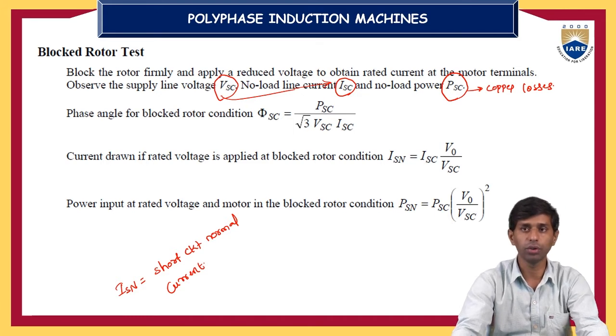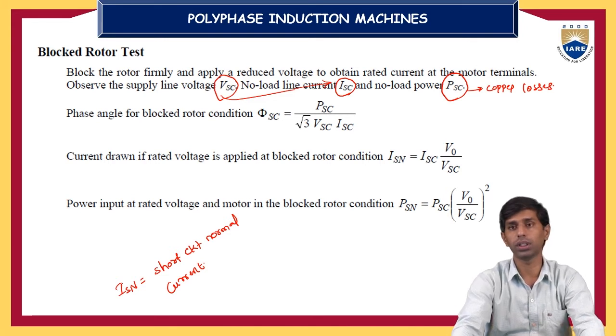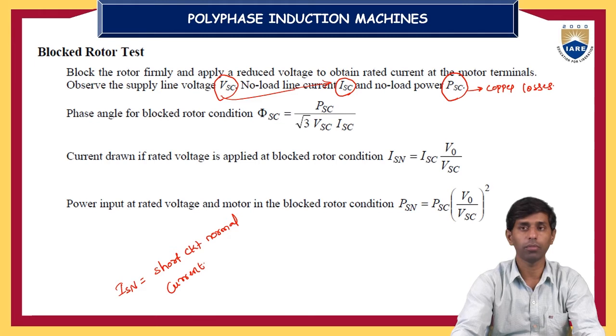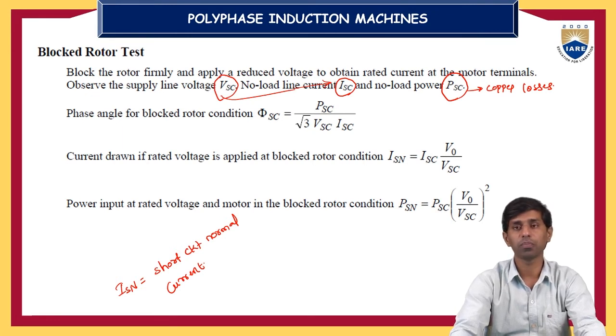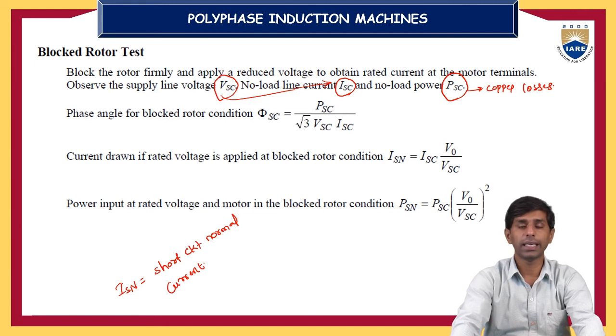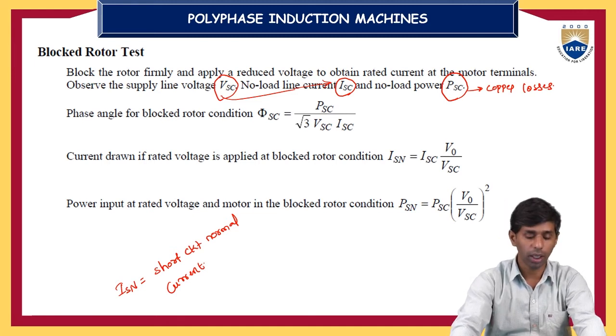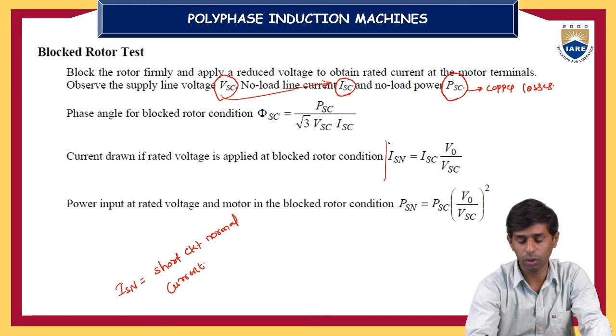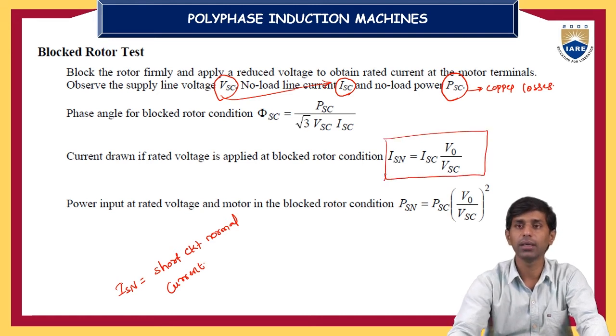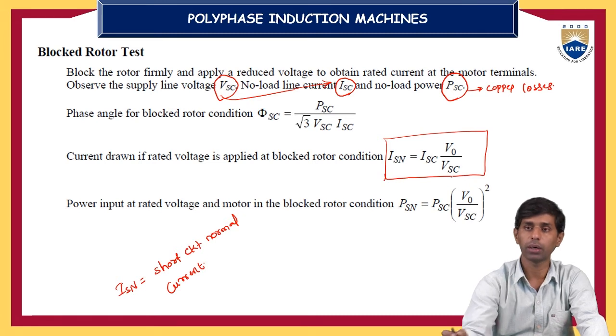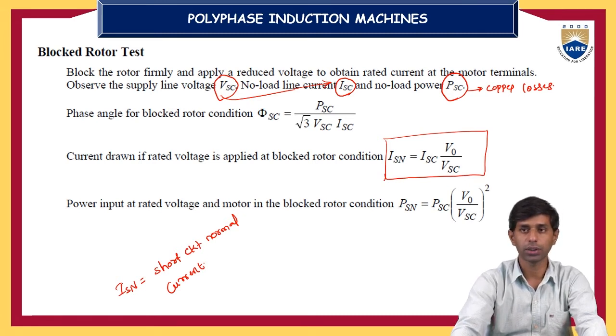But if under block rotor test you apply the rated input voltage to the induction motor, the amount of current expected to circulate in the stator is called the short circuit normal current. That is, ISN is equal to ISC, the short circuit current, into V naught by VSC, that is no load voltage by short circuit voltage.